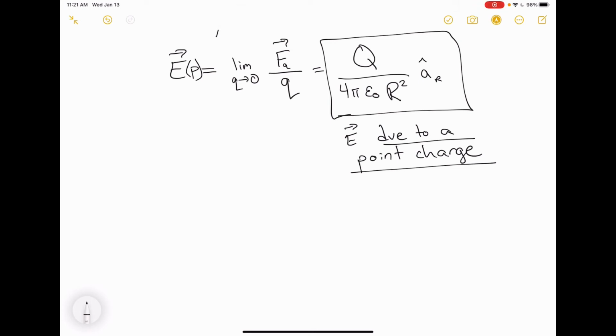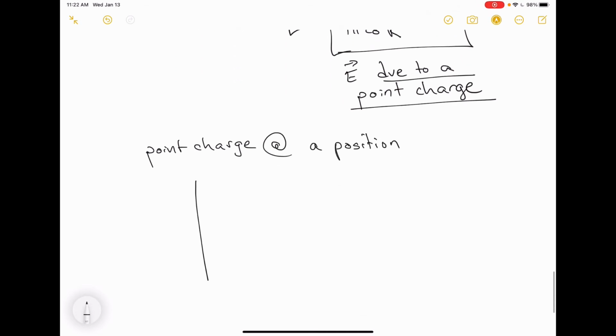So let's generalize this expression a little bit more. If you have a point charge at some position, so let's say I draw a coordinate system here. That's my x-axis, that's my y-axis, that's my z-axis, and I have a point charge right there at a position that I'm going to name r prime.